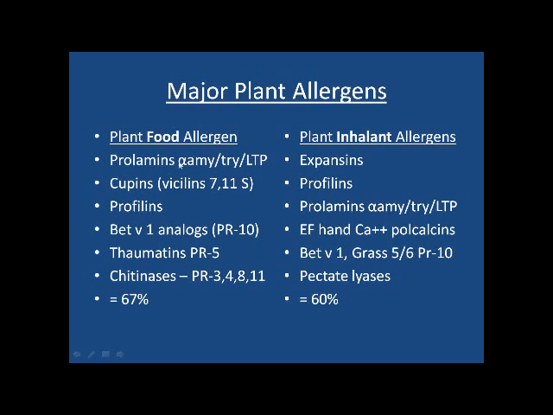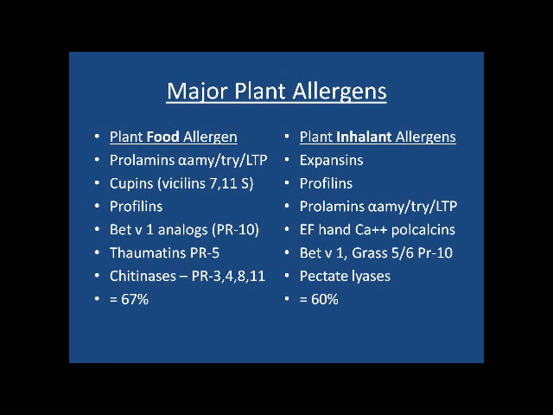So we have these alpha amylase trypsin inhibitor lipid transfer proteins, the prolamins, which we've talked about, and they're very broadly distributed and important allergens. The cupins, such as the vicilins in peanuts, the 7-11S storage proteins. Profilins are very important allergens, and I think they account for about 20% of the sensitization to plants.